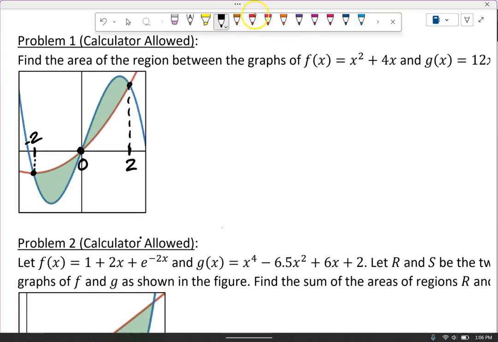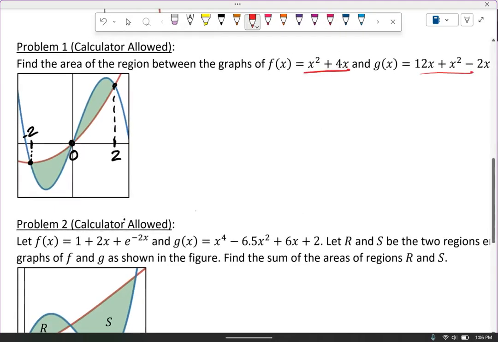For the first interval, which one is my red? Because that's my top. Is my red the F or the G? Is it this quadratic or the cubic? The red one right here. That one is F. So the bottom is G.